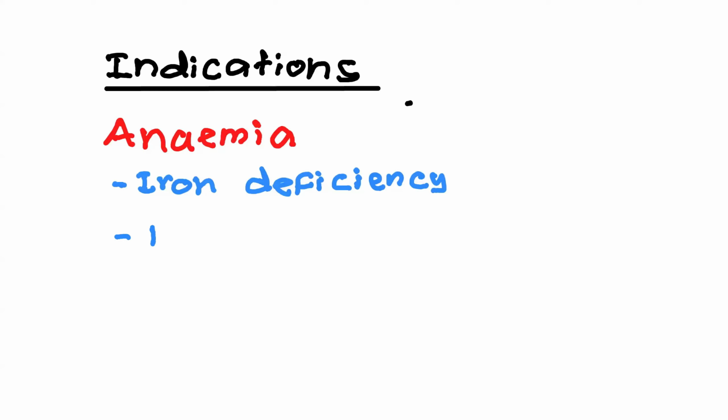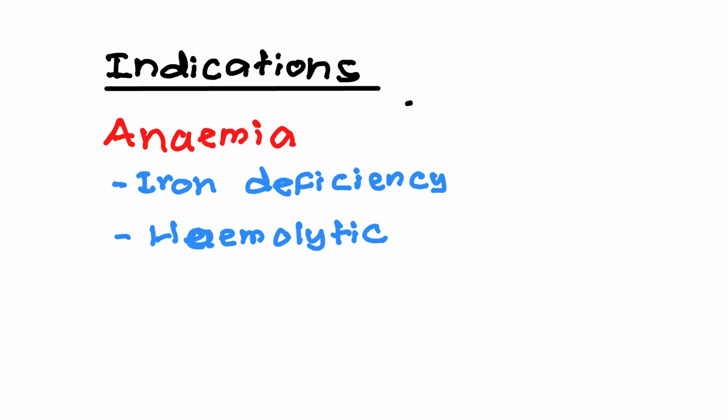What does hemolytic mean? Hemolytic means hemolysis, the breakdown of hemoglobin, the destruction of blood cells. There are certain disease conditions along with this.